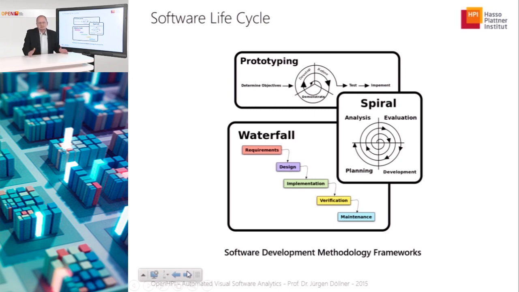So there is a large collection of methodology frameworks around, and maybe in your team, in your project, you have defined which one you take. There is not a unique or best practice model around, although today many software development teams use agile methods or Scrum techniques.